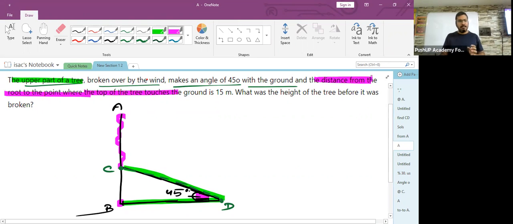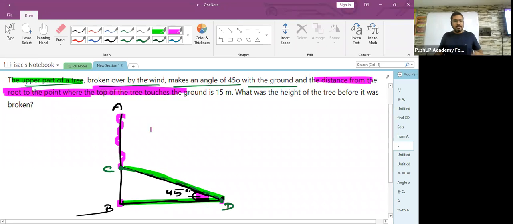The distance from the root, that is B, to the point where the top of the tree touches the ground. Where was the top of the tree? Point D, isn't it? That is touching the ground over here.